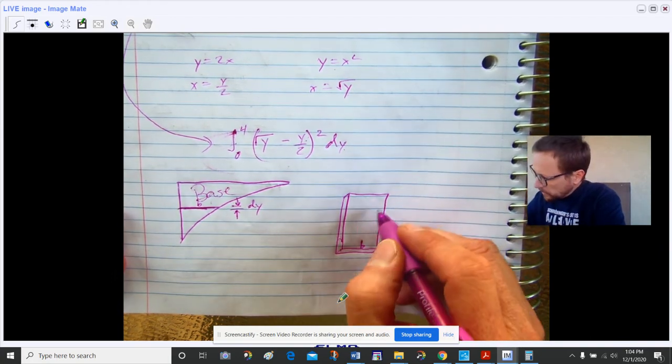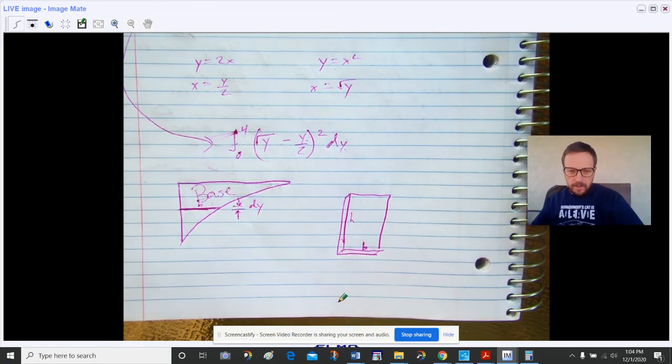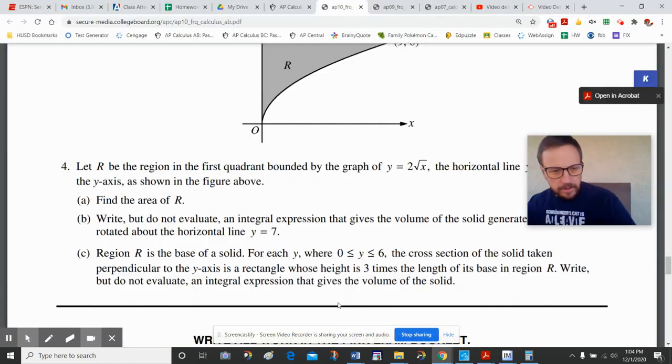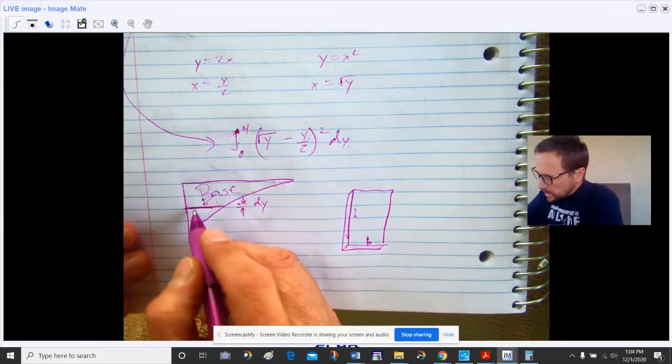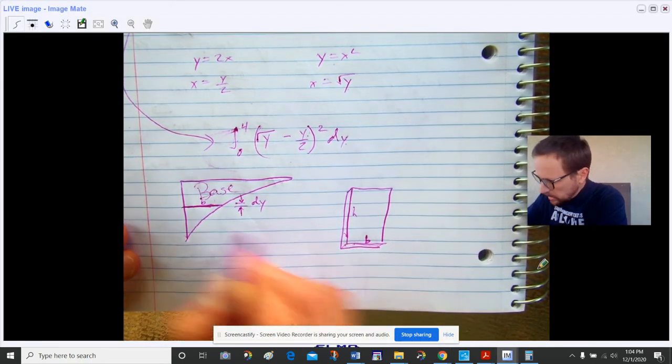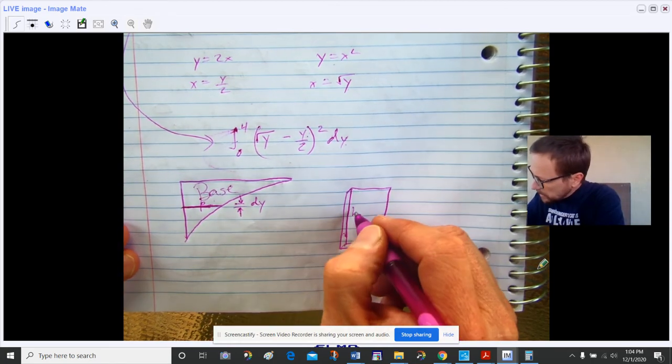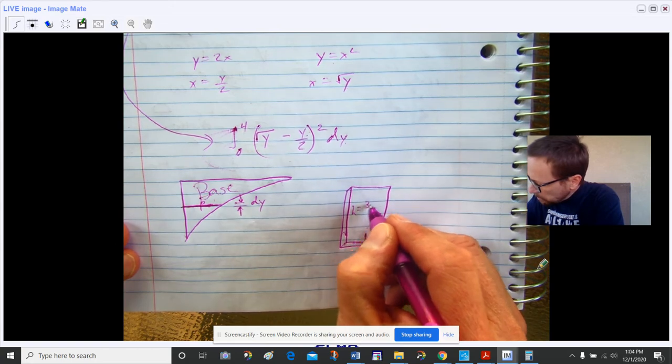And then we have the height. We got this slice. Now, we are told that the height is 3 times the length of the base. And the base is in region R. Lots of different things to show that this one is the base. These two sides are the same. But this is 3 times the base, so that's 3b.